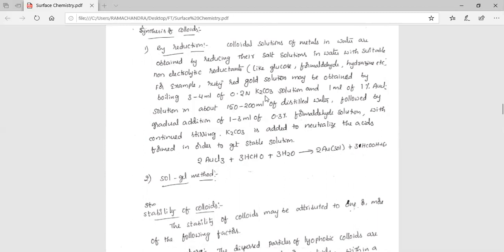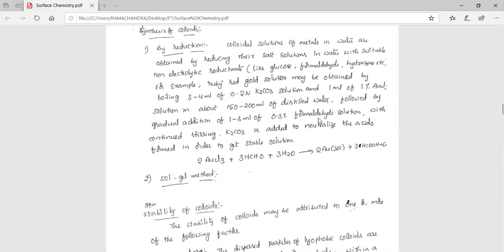So we use 3 to 4 ml of 0.2 N potassium carbonate solution and 1 ml of 1% gold chloride solution, maintained in about 150 to 200 ml of distilled water, followed by the gradual addition of 1 to 3 ml of 0.3% formaldehyde solution.